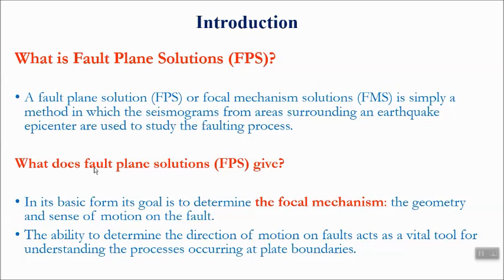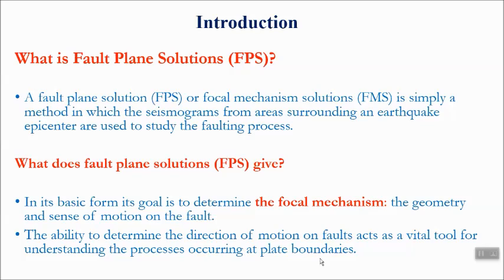So what do fault plane solutions give? They basically give us the focal mechanism, that is, the geometry and the sense of motion of the fault. And why is it required? Because if we know the sense of motion, it will act as a vital tool for understanding the processes occurring at the plate boundaries.